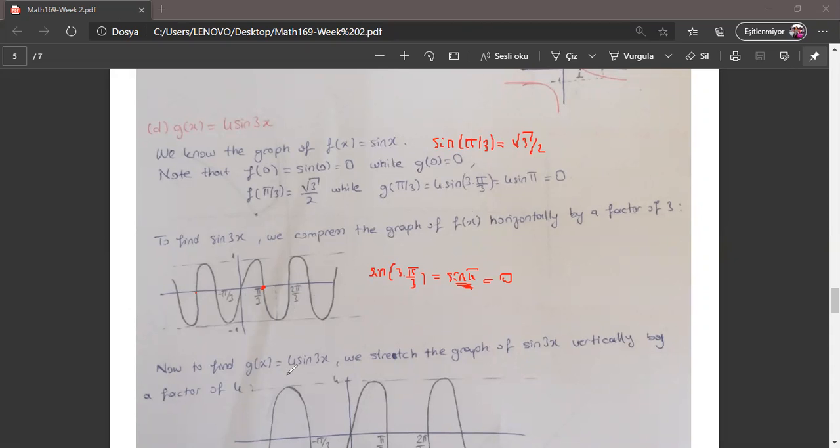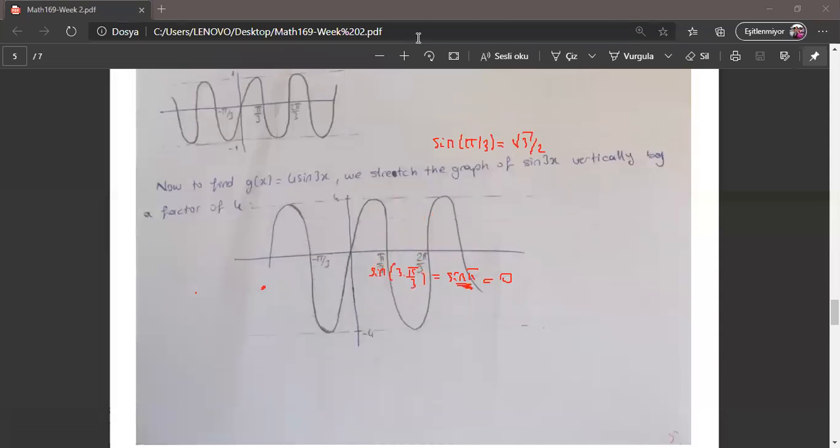Now we want to find this one's graph, right? Sorry, g was defined by that for sine 3x. Now we need to multiply each value of sine 3x by 4. It means we need to stretch the graph vertically.